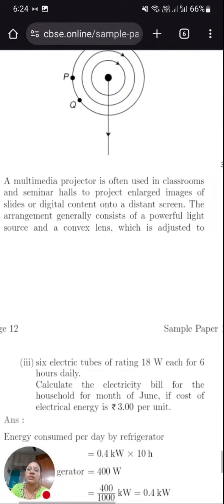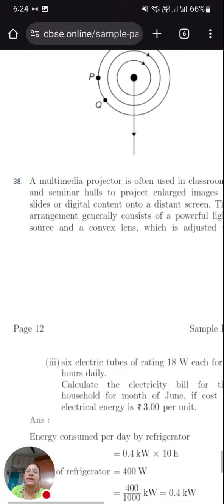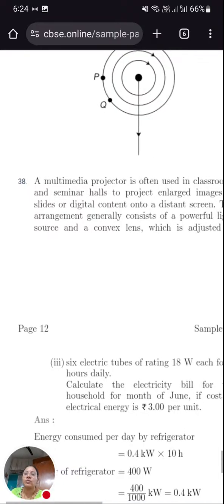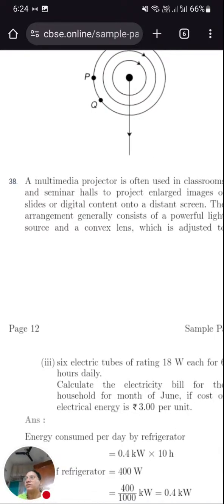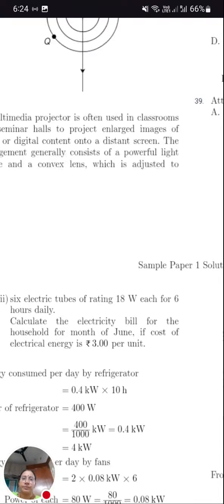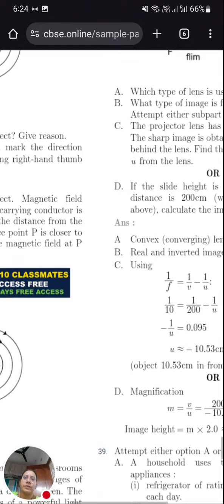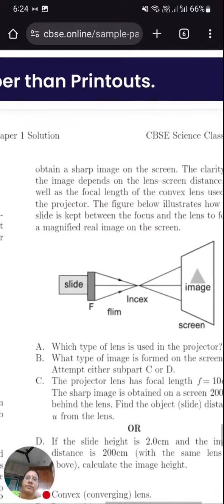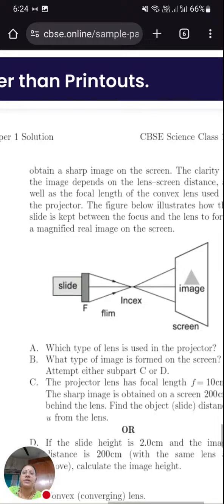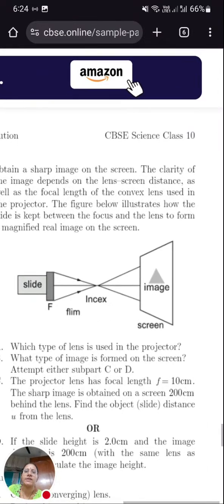The arrangement generally consists of a powerful light source and a convex lens, which is adjusted to obtain a sharp image on the screen.